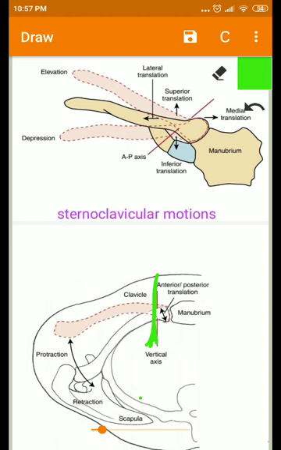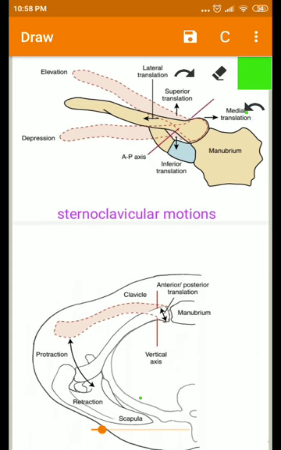And given this saddle shape of the joint, in this movement the configuration of the surfaces is reversed. In the case of elevation and depression, the convex surface of the clavicle articulates with the concave surface of the manubrium as well as the first costal cartilage, isn't it?